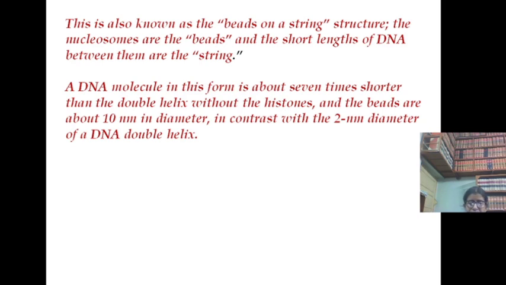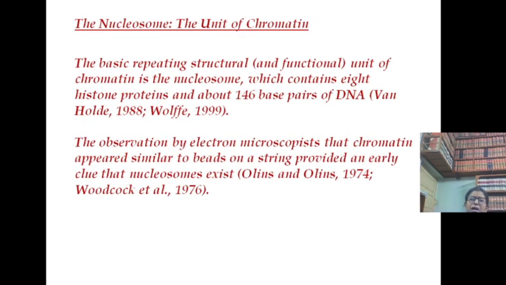Okay? Now, we will go into a detailed study of the nucleosome, that is, how the DNA and the histones act together. The basic repeating structural and functional unit of chromatin is the nucleosome, which contains 8 histone proteins and about 146 base pairs of DNA.